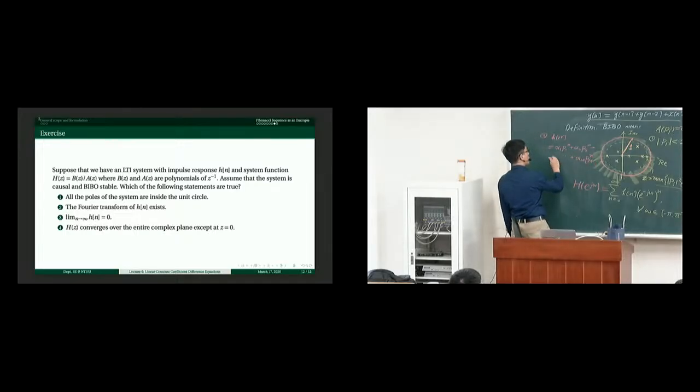That's a general expression for h of n for all n greater than or equal to 0. If all the p's are inside the unit circle, of course, this expression converges to 0 as n approaches infinity, right?